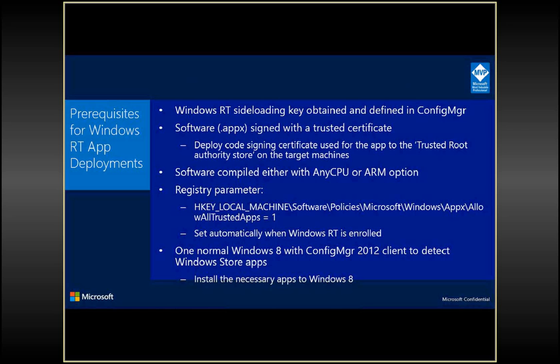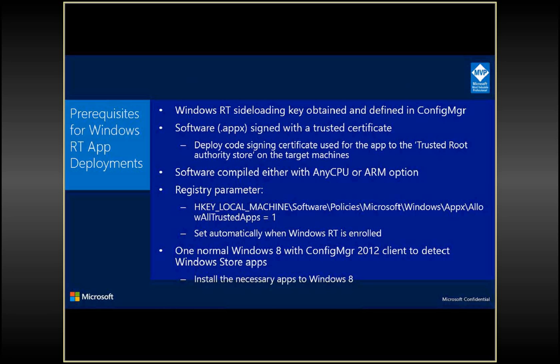So that software must be signed with either the any CPU or ARM option. Also, there's a registry parameter on Windows RT machines. Luckily, that's automatically set when Windows RT is enrolled, so you don't have to worry about that.